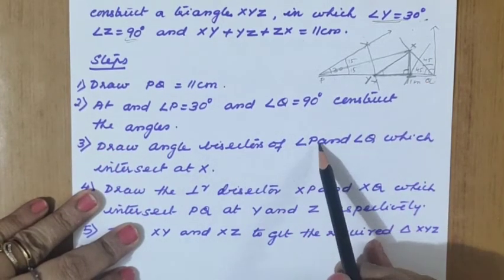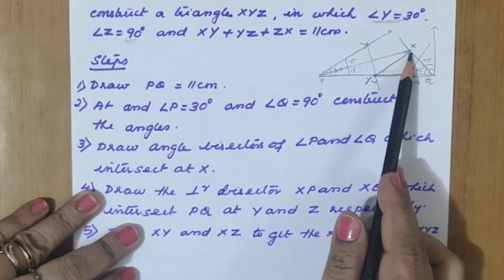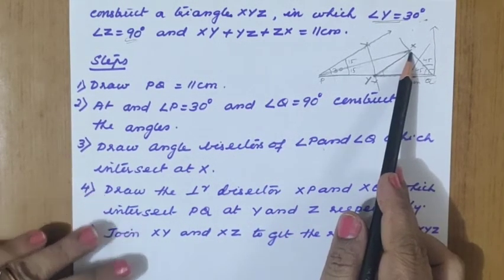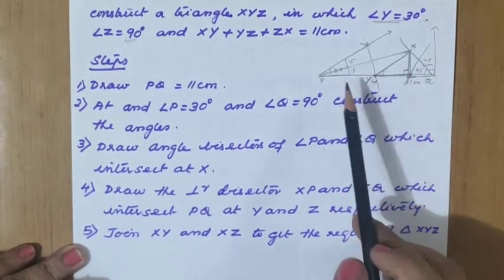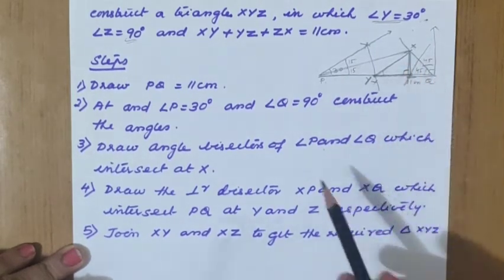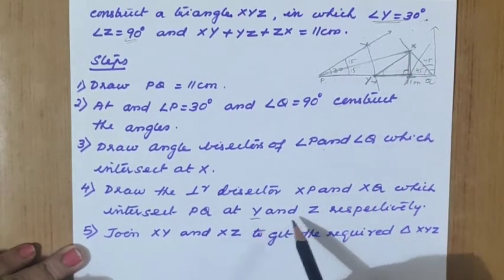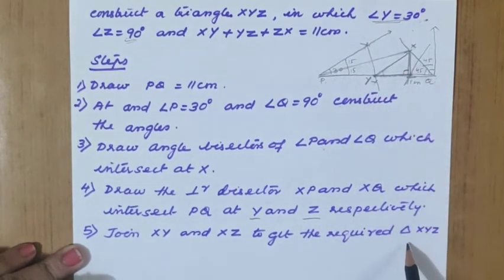Draw the angle bisectors of angles P and Q which intersect at X. So we got the point X now. Now what is the next step? Draw the perpendicular bisectors of PX, or XP we can say, and XQ. Respectively they meet PQ at Y and Z. Join XY and XZ to get the required triangle XYZ.